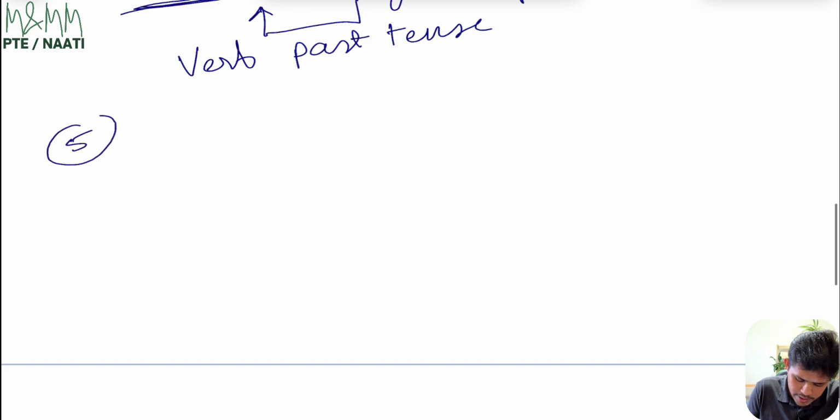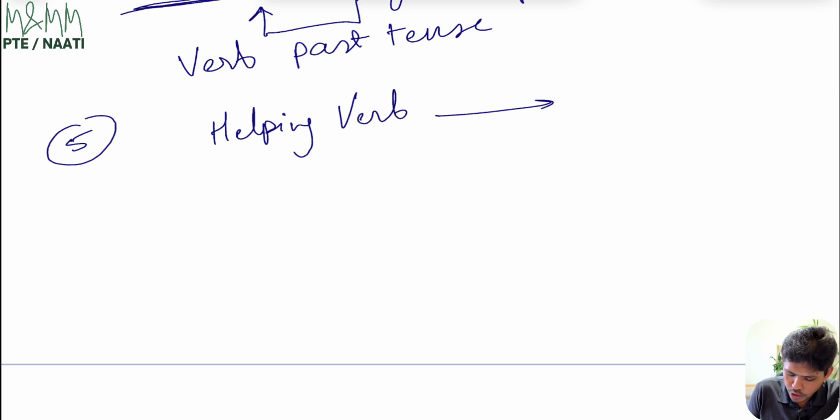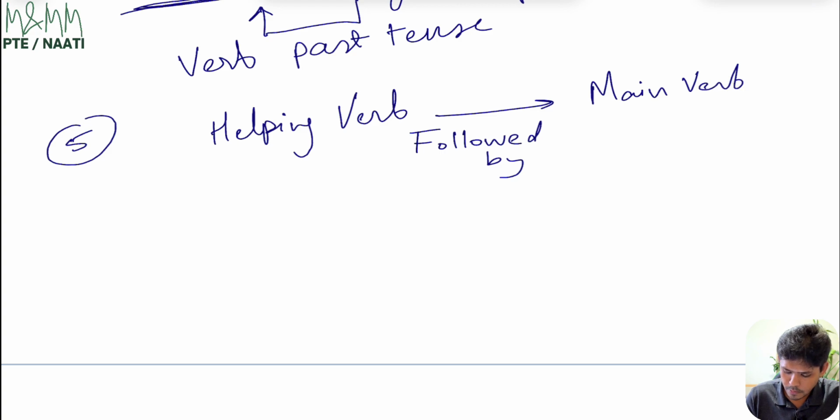The next rule is helping verb followed by main verb. I always write it like this. Now what are the different types of helping verbs?